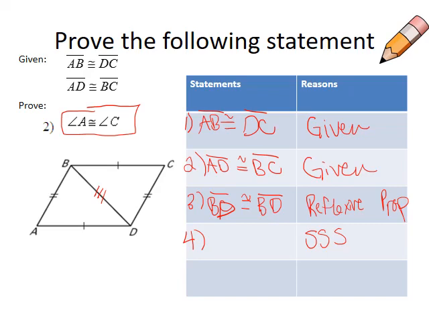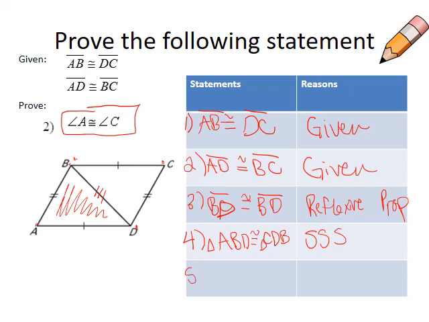If we start with this triangle right here, I'll say triangle ABD is congruent to, if I started at point A, went to point B, and then to D, now for my other triangle I need to start at point C, then go to D, and then to B. So it's triangle CDB, because those are the corresponding parts for both triangles.